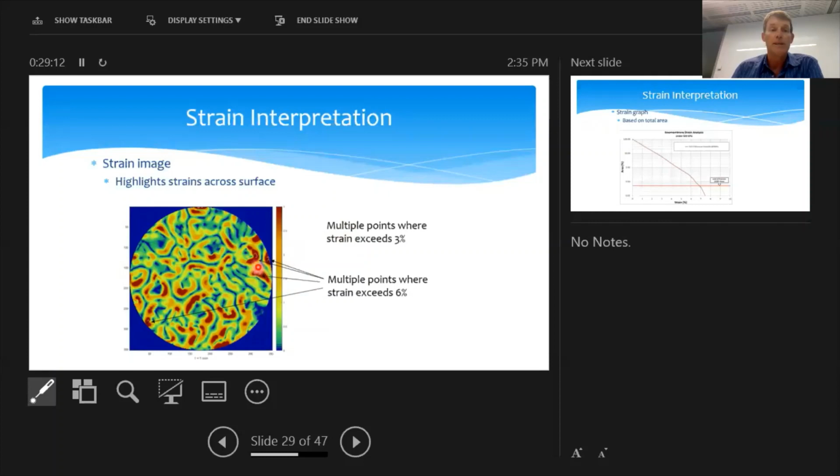And within that, there are little white lines, and those areas are where the strain exceeds 6%. So within a strain image, you can really fine-tune your analysis, and you can work out how many points exceed 3 or 6%, and really understand the whole profile rather than individual points.